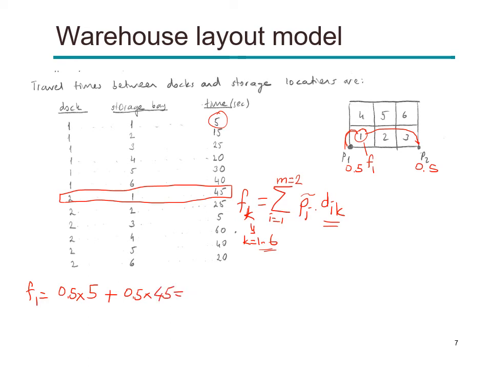When you make this calculation, it is 25. So F1 is 25. What about F2?